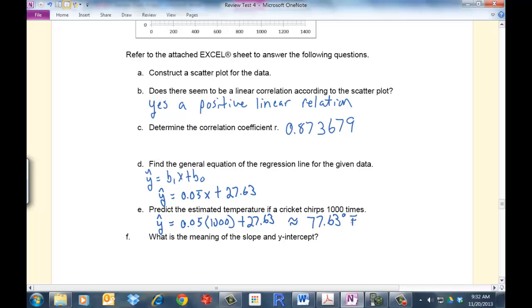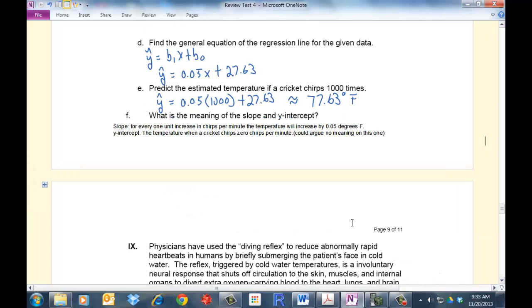Okay, and what is the meaning of slope and y-intercept? For the slope, remember we say for every 1 unit increase in chirps per minute, that's x, the temperature y hat will increase by 0.05 degrees Fahrenheit.